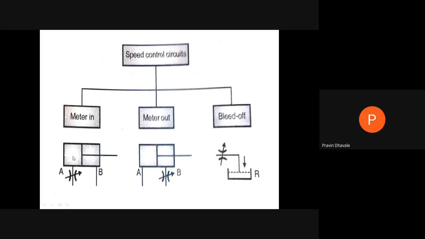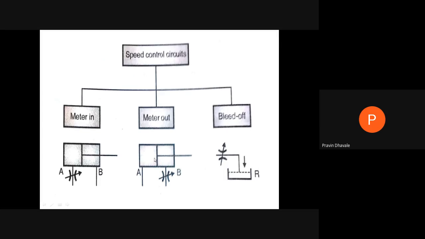Means piston head end and piston rod end, we may call it. In the metering circuit we mount the flow control valve at the piston head side, or inlet to the cylinder, to control the extension motion, or outward motion, of the piston.